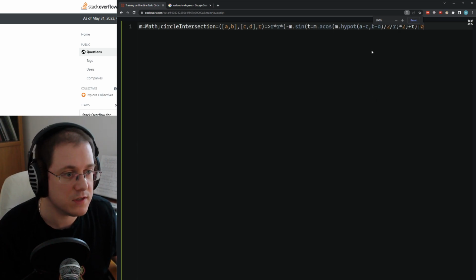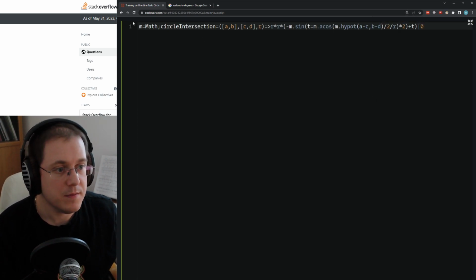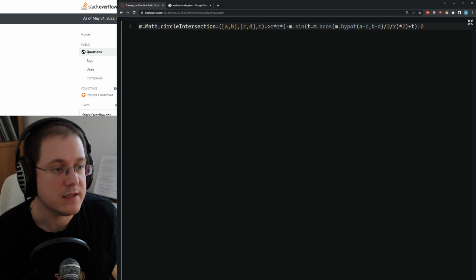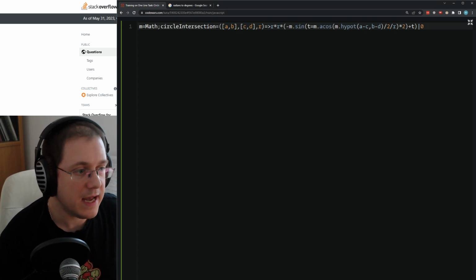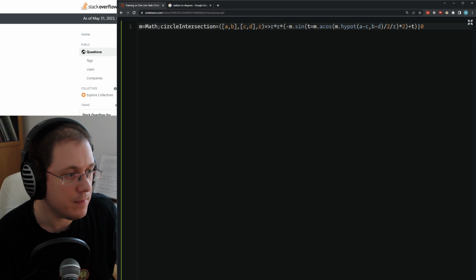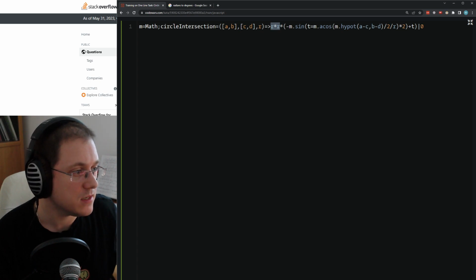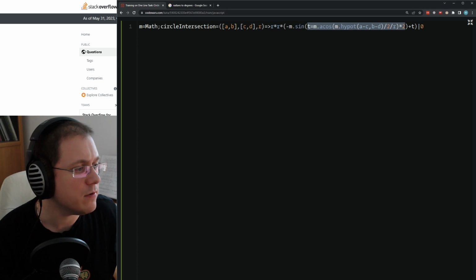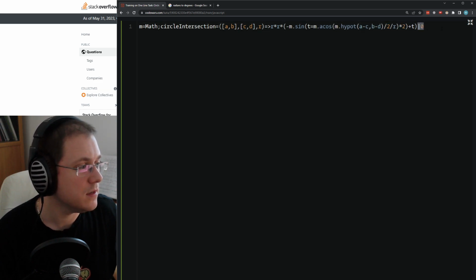And there you go, there's the final solution then. We assign the math object to m to make it a shorter alias. We do r squared by r times r, which is slightly shorter. Take the sign of this variable assignment, and that's basically the guts of the formula, plus the t that we've assigned.